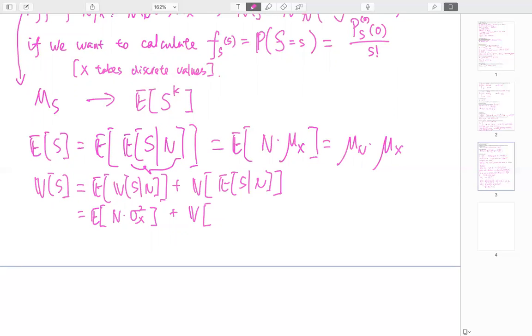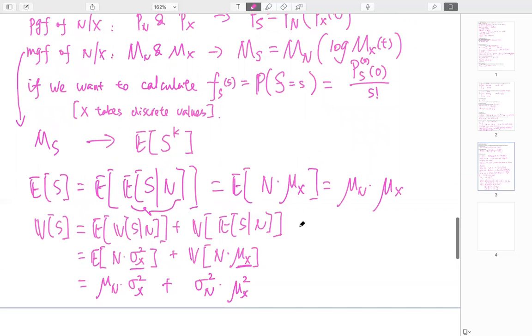The inside part we already handled is N times mu X, right? And then when you consider the outside expectation or outside variance, you regard N back as a random variable. In this case, this is a constant, right? So it will be mu N times sigma X squared. And this is also a constant. We study the variance. But the thing is, this constant has to be squared because now we study variance. All right, so that is the very important formula.